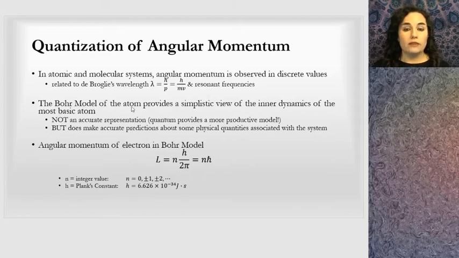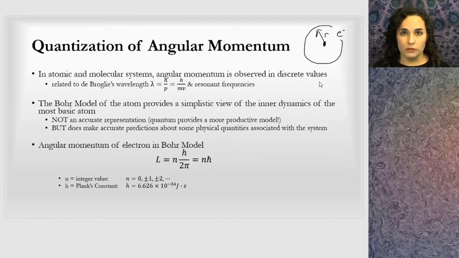The Bohr model of the atom provides a simplistic view of the inner dynamics of the most basic atom. We think of it as a nucleus with an electron circling around it, and this electron has some sort of radius. This is not an accurate model. This is not how electrons act at all, but it does make an accurate prediction about some of the physical quantities associated with this system.